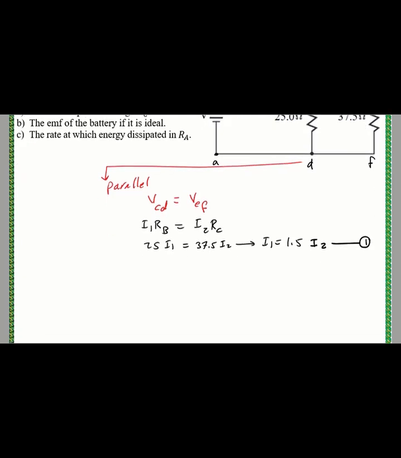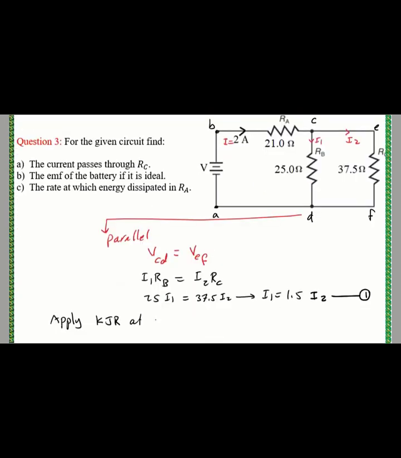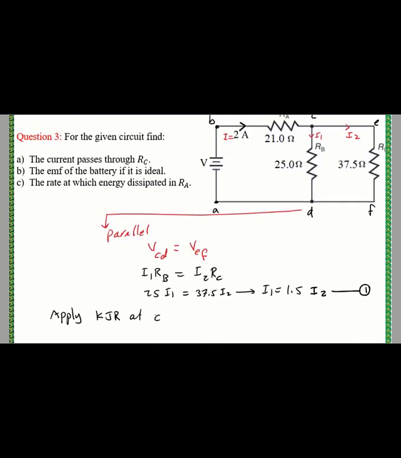Now, if you apply Kirchhoff's junction rule at point C, sigma I in equals sigma I out. At point C, I is in, and I1 and I2 are out.